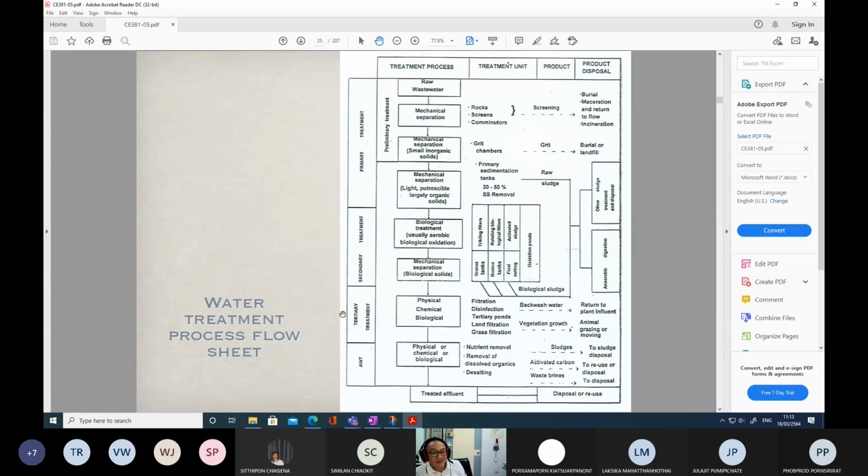In that case, we have to apply the adsorption process. So adsorption is considered a tertiary treatment process. So these are three different treatment processes. We normally classify them according to the contaminant characteristics. You can have a look at the details again later.